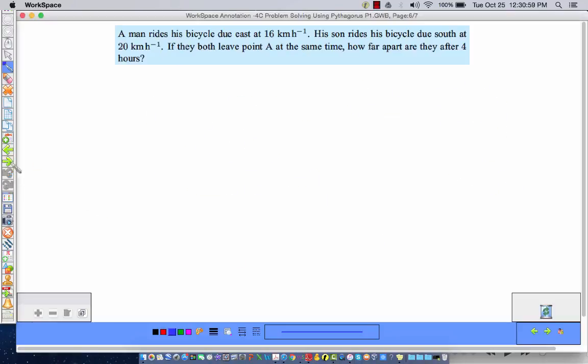Moving along. A man rides his bicycle due east at 16 kilometers per hour. So we've got a dude on a bike, and due east, remember your directions: north, south, east, and west. So he goes due east at 16 kilometers per hour, so he's going that way.